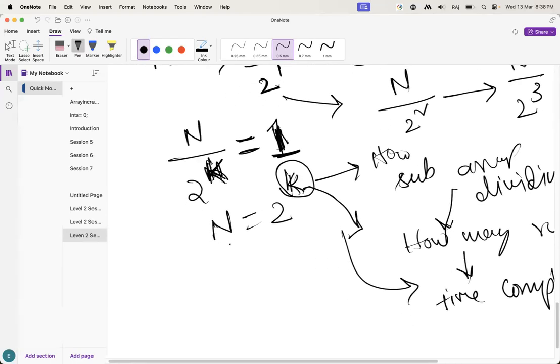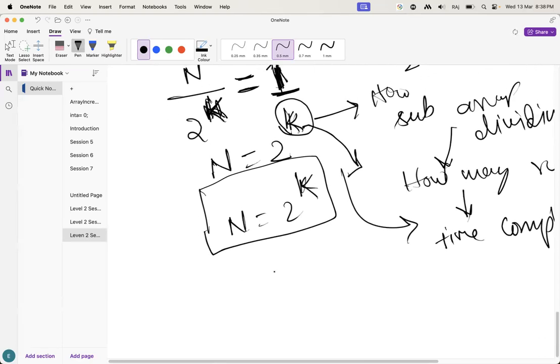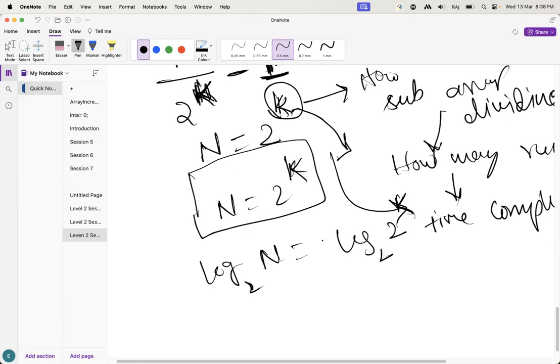Guys, understand? When there is an equation like this, n equal to 2 power k, how are we going to find the value of k? Simple thing, we have to apply the log on both sides. Log of 2 power k. Here, let's say base 2.